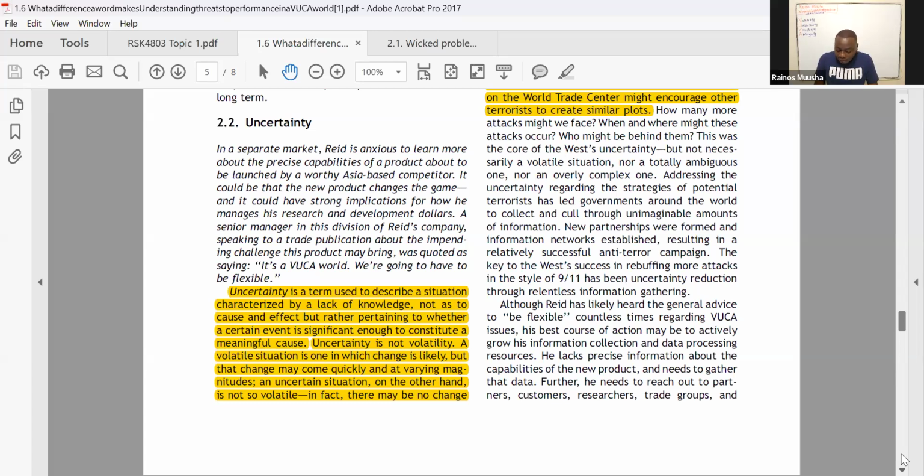Uncertainty is not volatility. A volatile situation is one in which change is likely, but the change may come quickly and at varying magnitudes. An uncertain situation, on the other hand, is not so volatile.